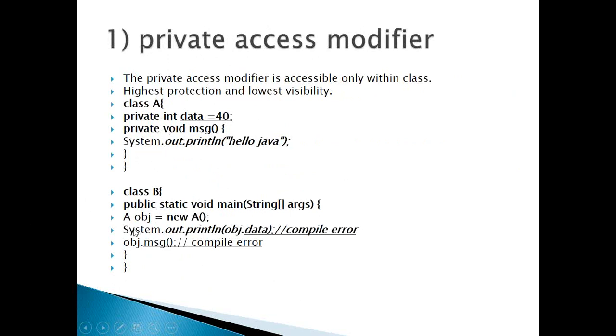When you create an object of A and want to print 40 from another class, you are not able to use it, because if you declare private, the accessibility is only for that particular class. Private means only for the particular class.